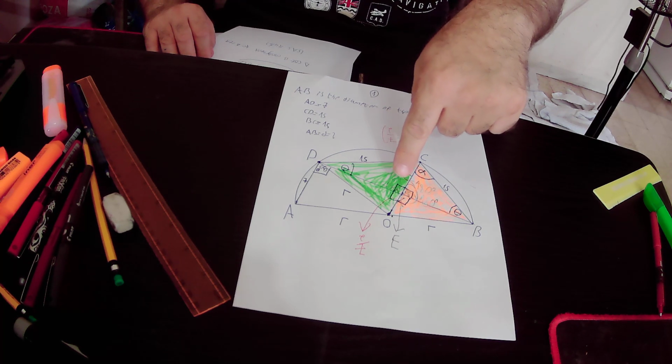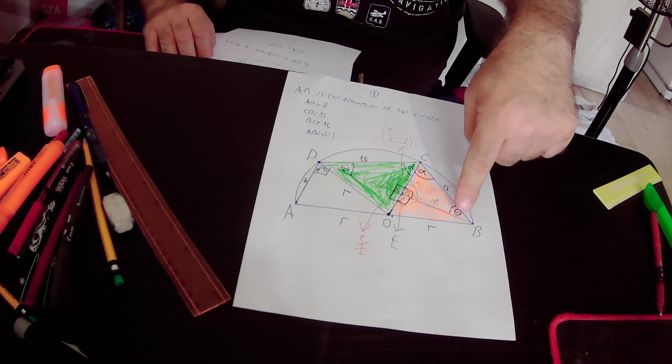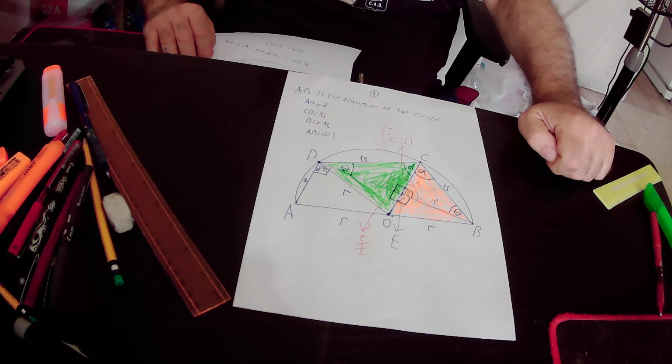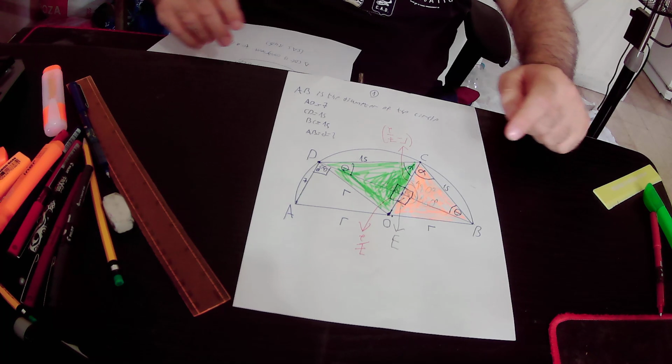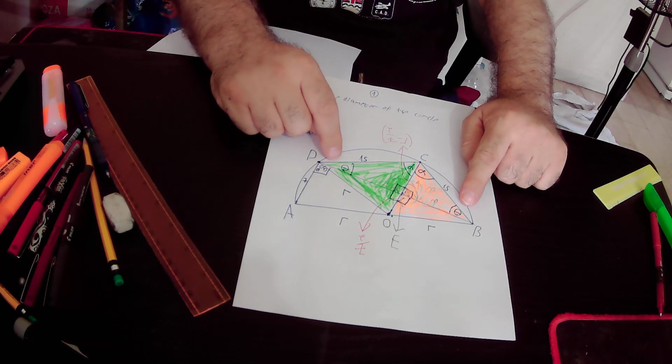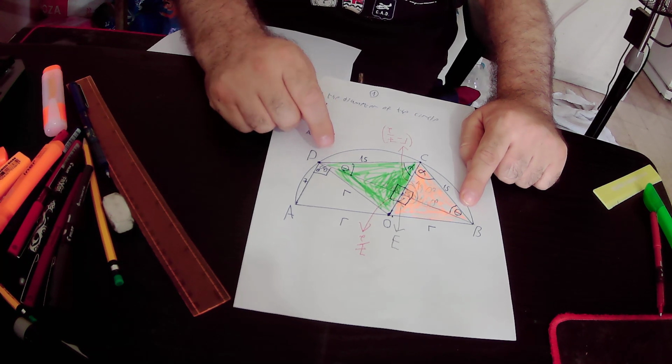Angle CDB equals angle CBD. Okay. According to rule number 2, those two angles are equal to each other. We define one of them as theta, so the other one also must be equal to theta.